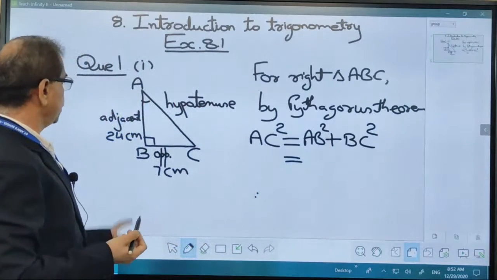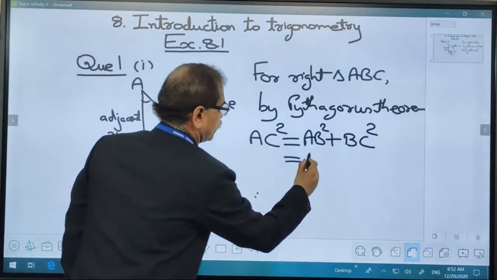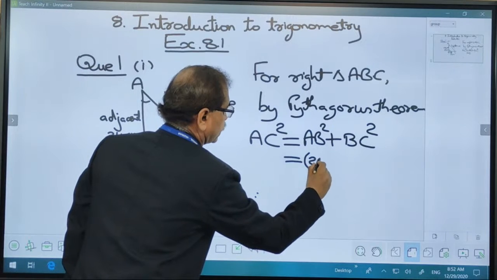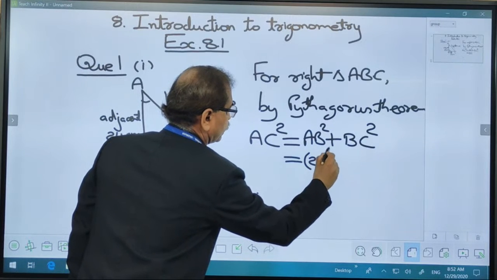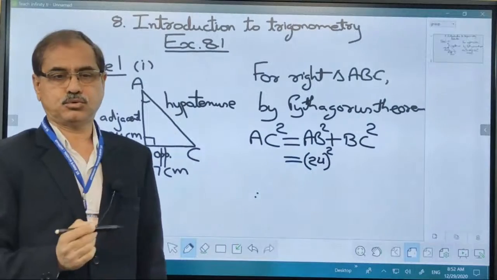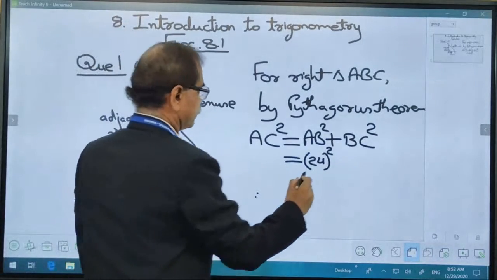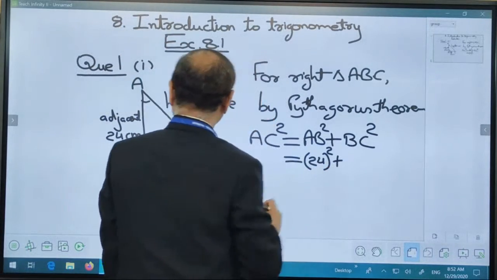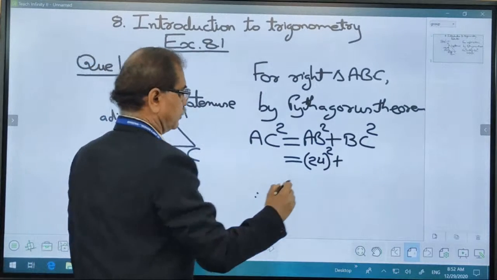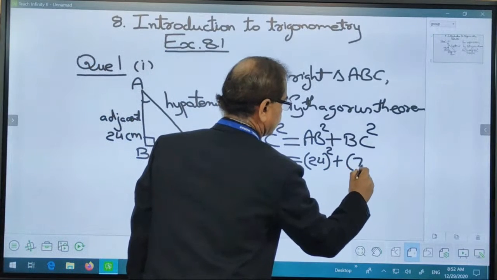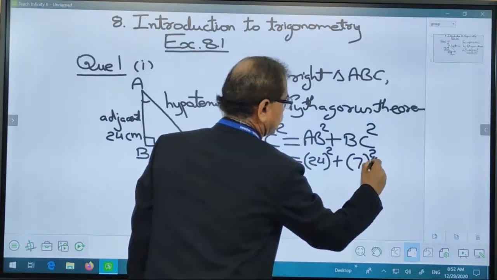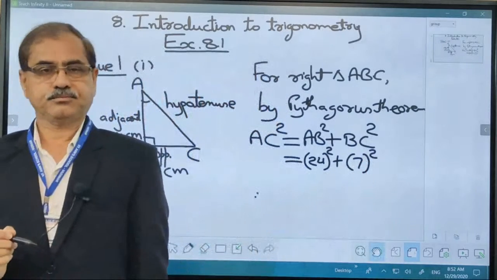AB, how much is AB? 24. We will use brackets. 24 whole raised to 2 plus length of BC, it is 7. Even though it is a single digit, still we will write it inside the bracket.